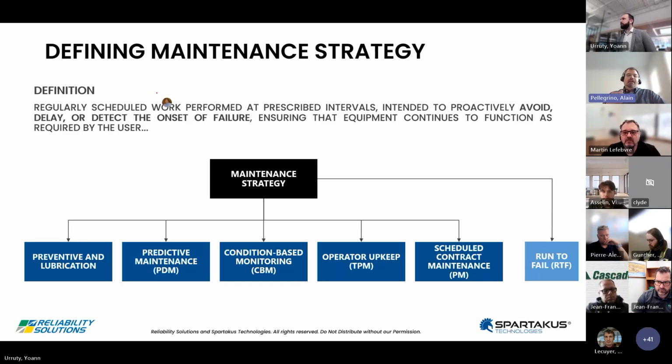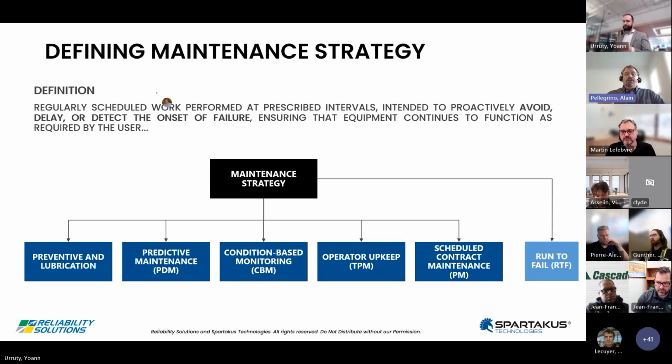So basically, everything that we do in preventative and lubrication practices, or predictive maintenance, or condition-based monitoring, or total productive maintenance, or an outside contractor that comes in and does PM work.